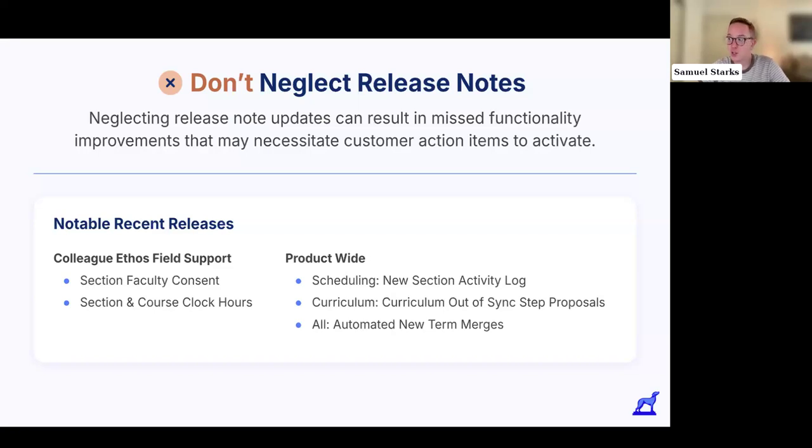A couple of things that have come out just in a recent release note. Product-wide are things like that new section activity log that I highlighted a couple of times in the various screenshots or demos that we had here, as well as the new curriculum out of sync step proposal functionality that we have, and another new exciting update we made to our merges across all products is the automated new term merges behavior.